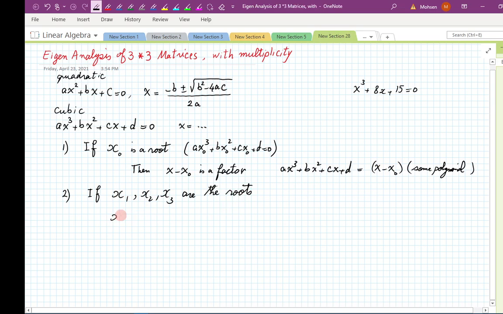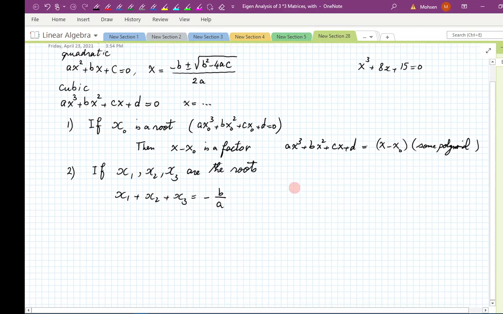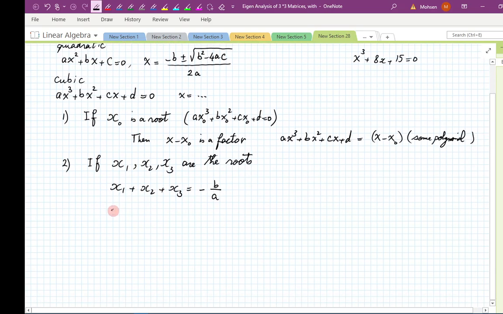then the sum of them, x1 plus x2 plus x3, happens to be equal to minus b over a. It's exactly the same thing here. Then the product of every two of them, this is going to be perhaps unfamiliar to you, x1 x2 plus x2 x3 plus x3 x1, is going to be the ratio of the next two, c over a.